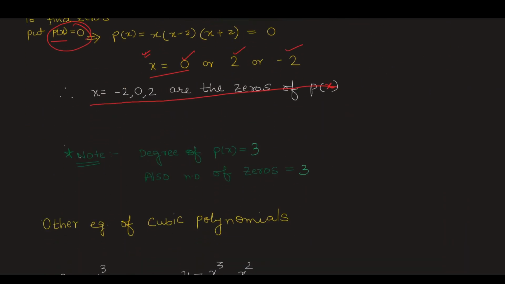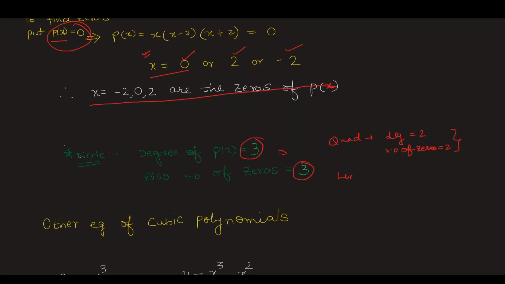Now again, the degree of this p(x) is 3, and we have found the number of zeros is also 3, which is equal. In the quadratic case, degree is 2, number of zeros is also 2, which are also equal.